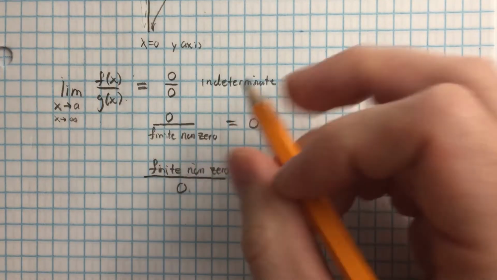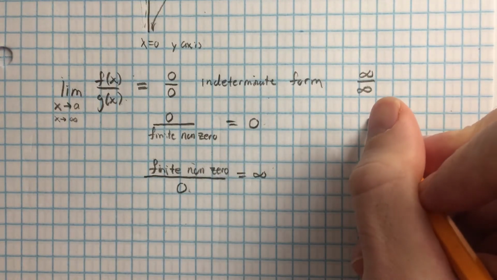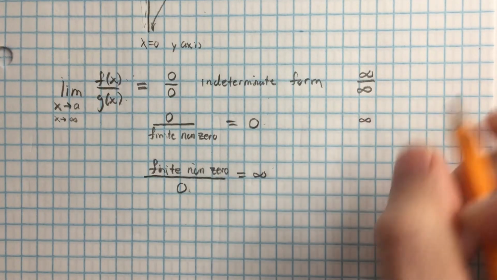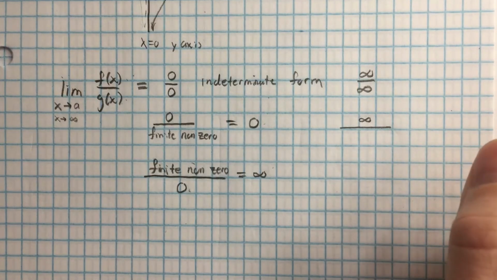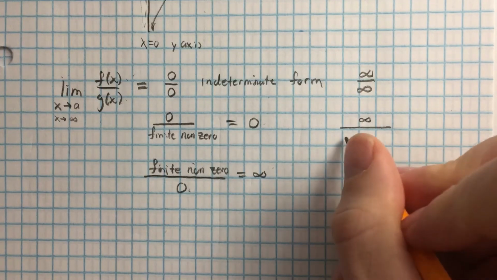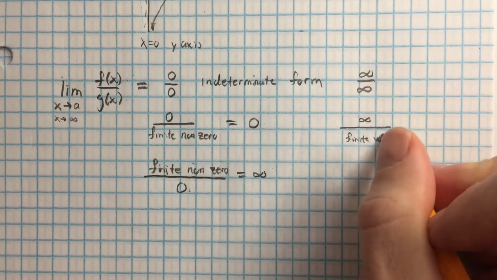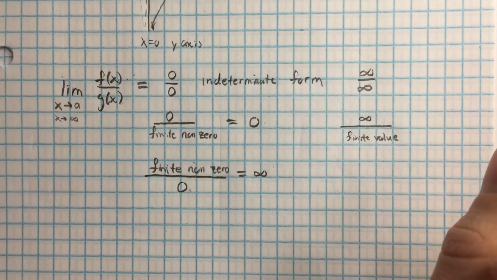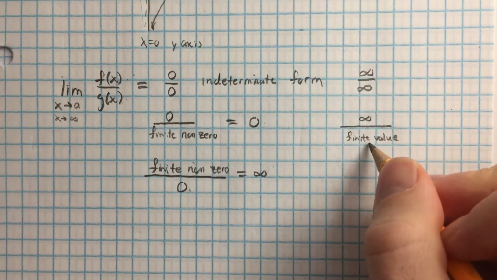So if we start replacing the zeros with infinities, what if f is heading towards infinity and the bottom is heading towards a finite value? What if that's the case? Well, then the top is growing very large and the bottom is not, right?